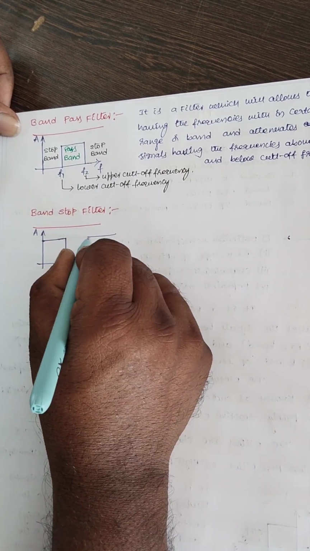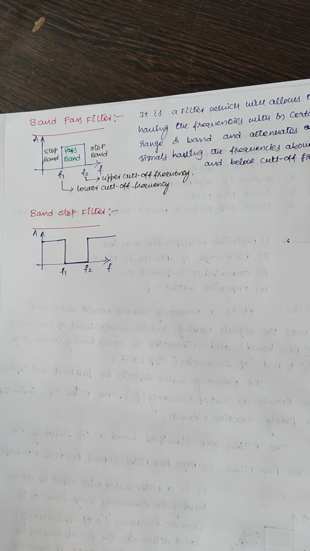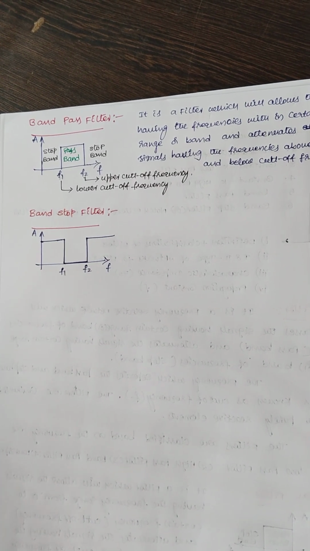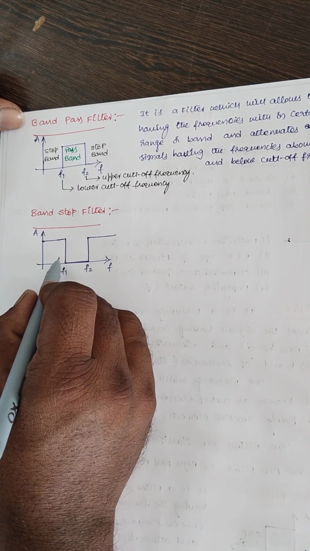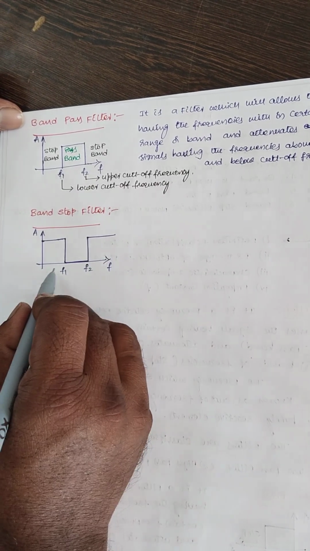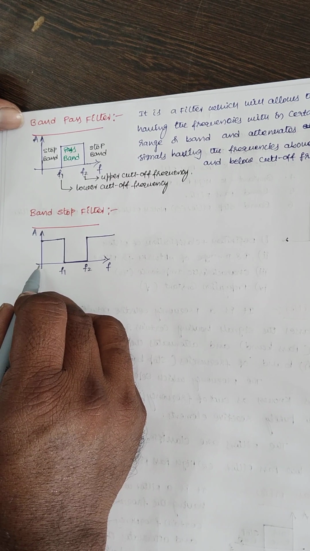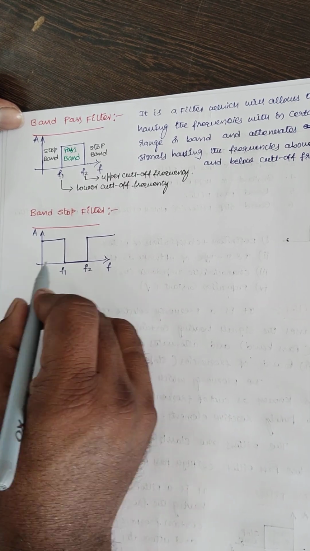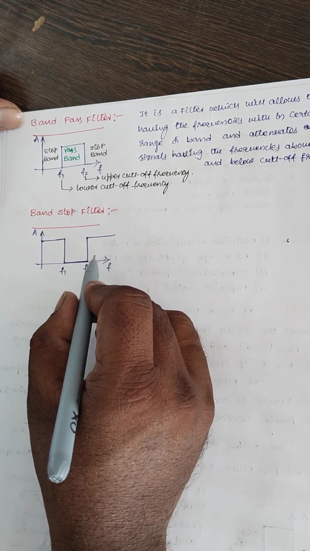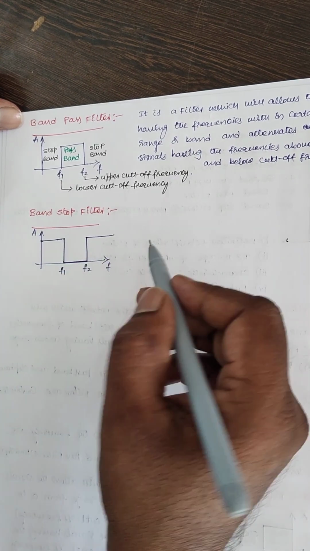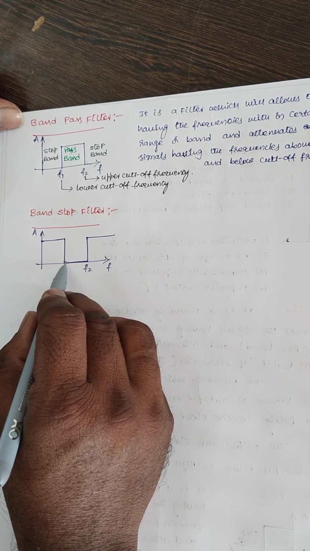So this is a band stop filter. It stops this band and allows the signals below the lower cutoff frequency and above the upper cutoff frequency.